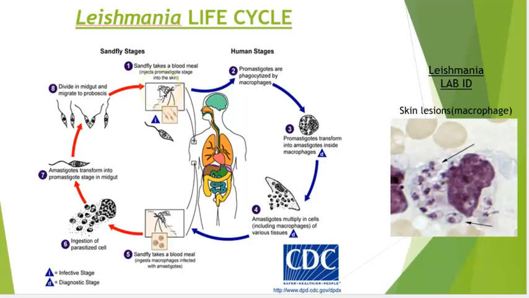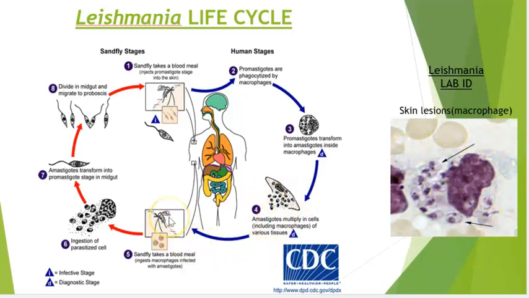For the life cycle, again, the intermediate host is the sandfly. So when the sandfly bites the human, it injects the human with the parasite. The parasite then goes on and develops in the human as far as the different stages of life. It first starts out in the promastigote stage and it goes on to become an amastigote, even in our macrophages, which was what we were looking at over here.